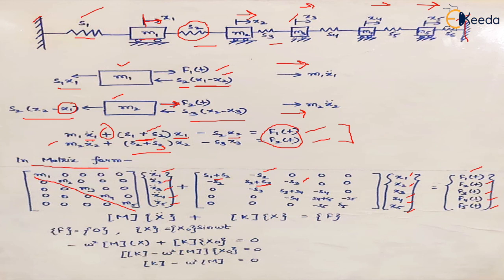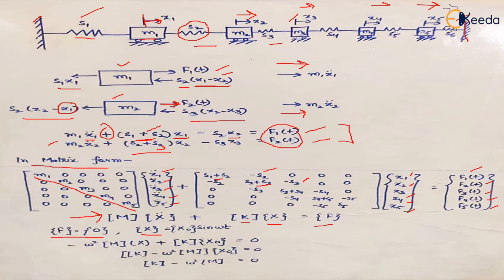So if we write the generalized equation, we can write it this way: mass into acceleration plus spring stiffness into displacement gives the value of force. Now there may be a question with n number of degrees of freedom. Let's say the externally applied forces are equal to 0, and the displacement is a harmonic function, x0 into sine omega t.